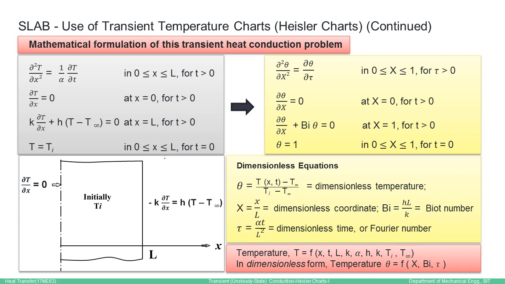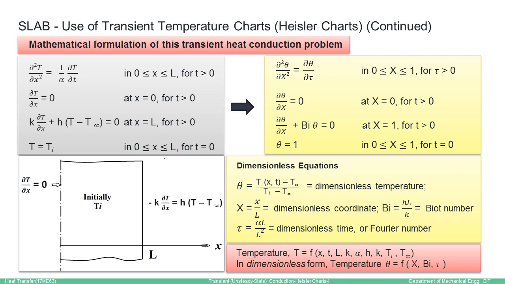Now look at how t is replaced by tau and small x is replaced by capital X, and the corresponding values are changed, because at small x equal to 0, capital X will also be equal to 0, but when small x is equal to L, capital X will be equal to 1, that is x by L is equal to L by L is equal to 1.